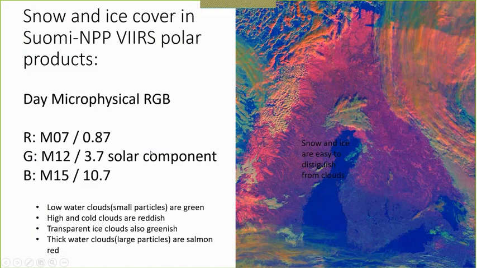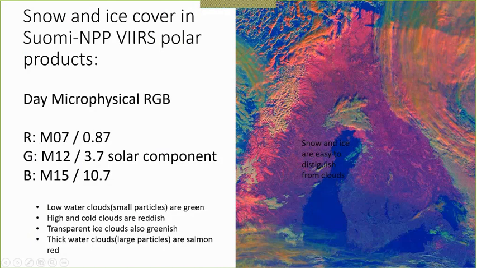But really quickly, again, to show that we can also see the snow and ice coverage really nicely, and it's really easy to define where we have clouds and ice in the sea areas also.